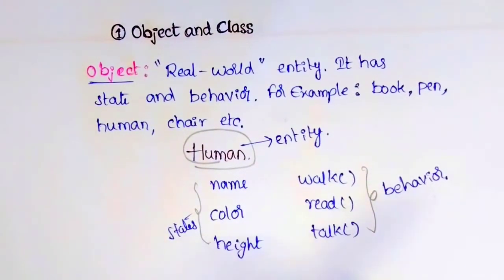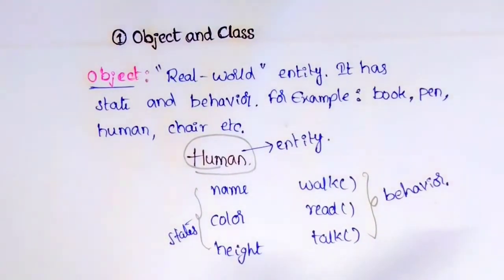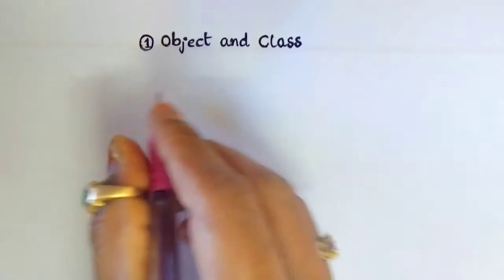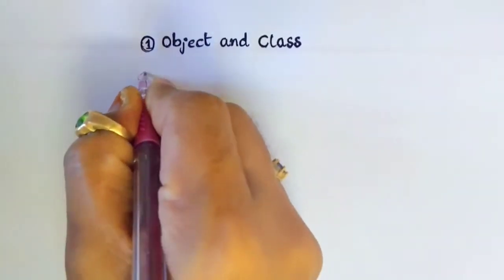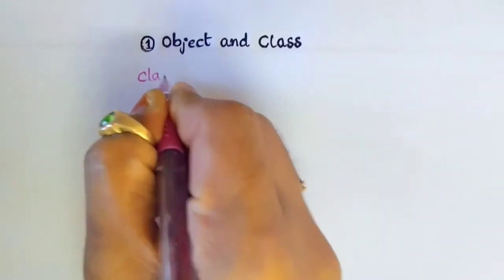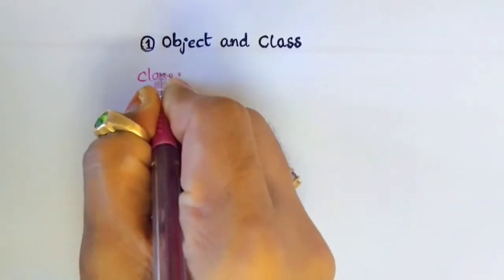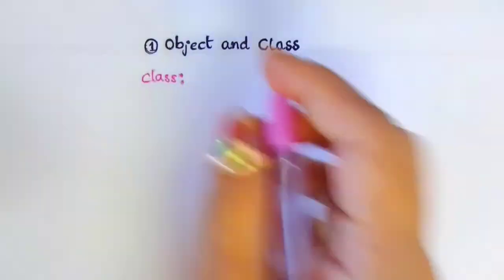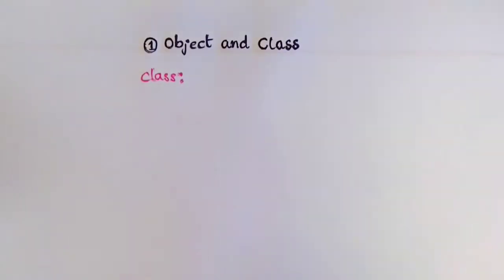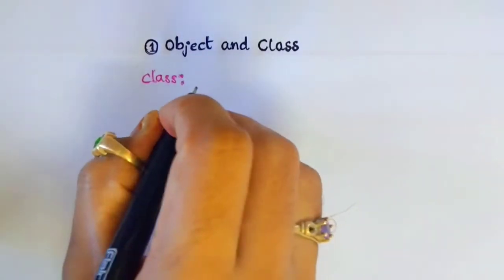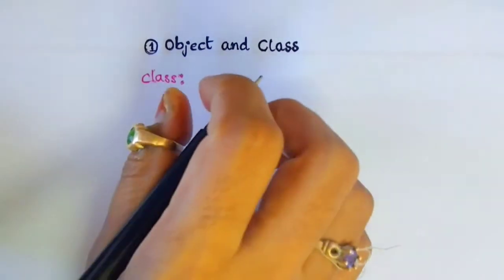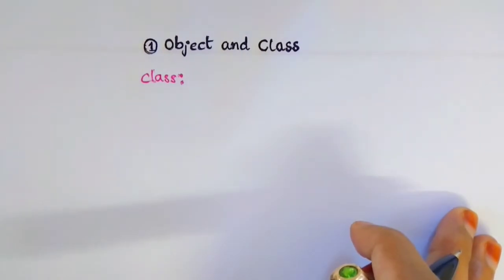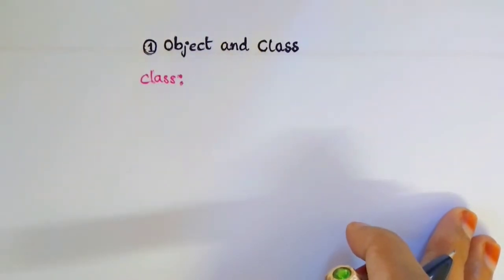Coming to the class. Let's see what is class. We can simply say that class is a collection of objects. It is a blueprint that object follows. Let's write.